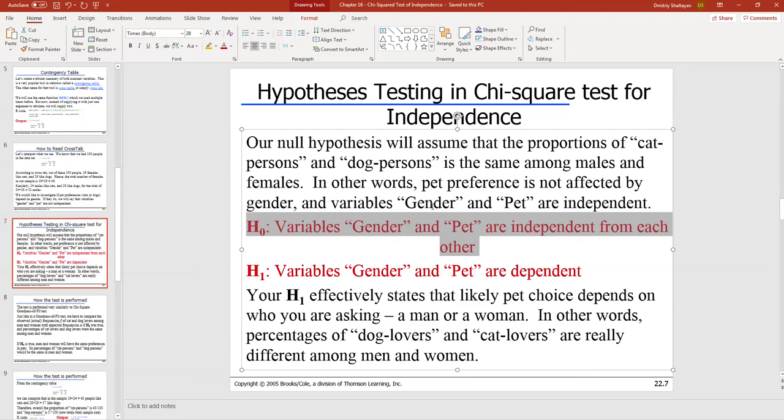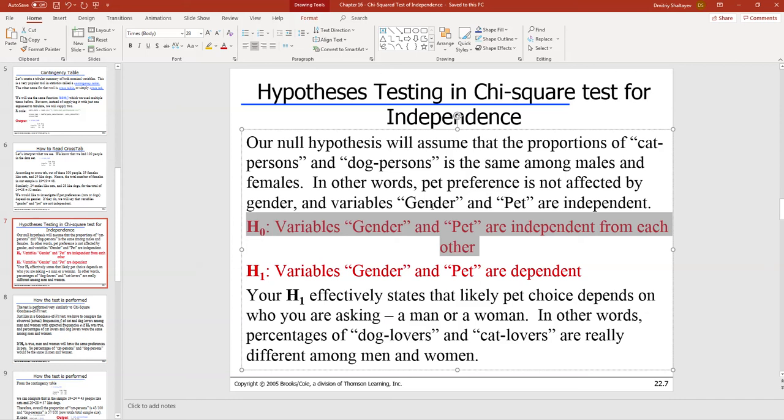So in other words, if I find out that among females 60% like dogs and 40% like cats, and among males also 60% like dogs and 40% like cats, I'm going to say, doesn't matter who you are, male or female, you're going to like dogs versus cats just the same. So in this case, pet preferences and gender are not dependent on one another.